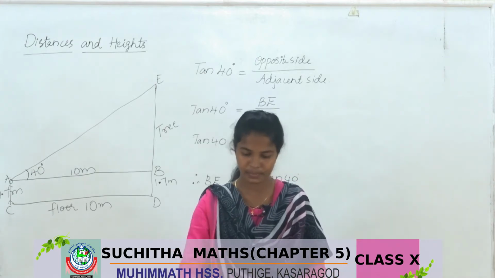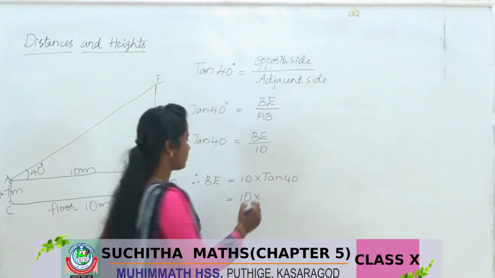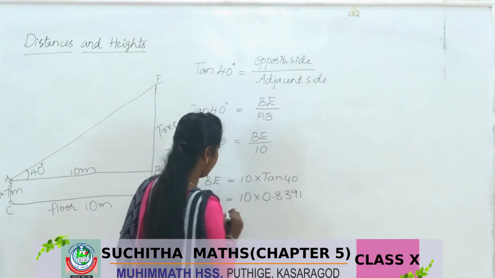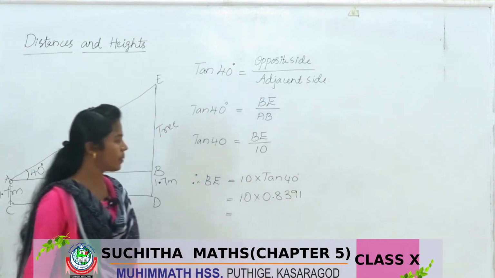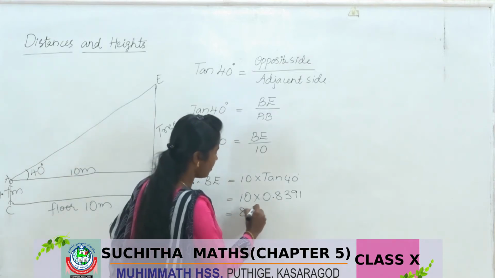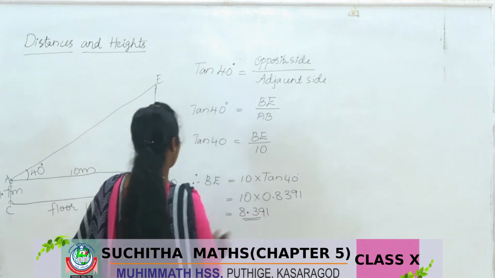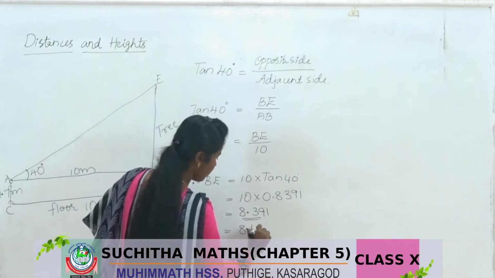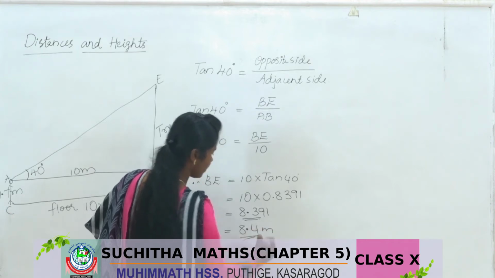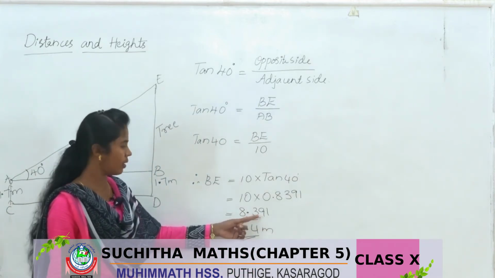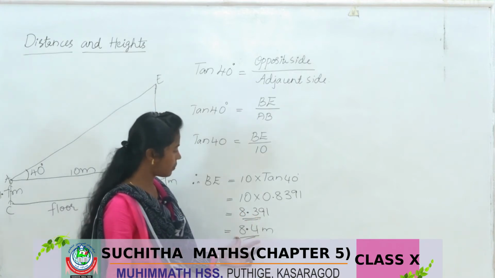0.8391. So 10 into 0.8391 is 8.391. Rounding it up, we get 8.4 meter.